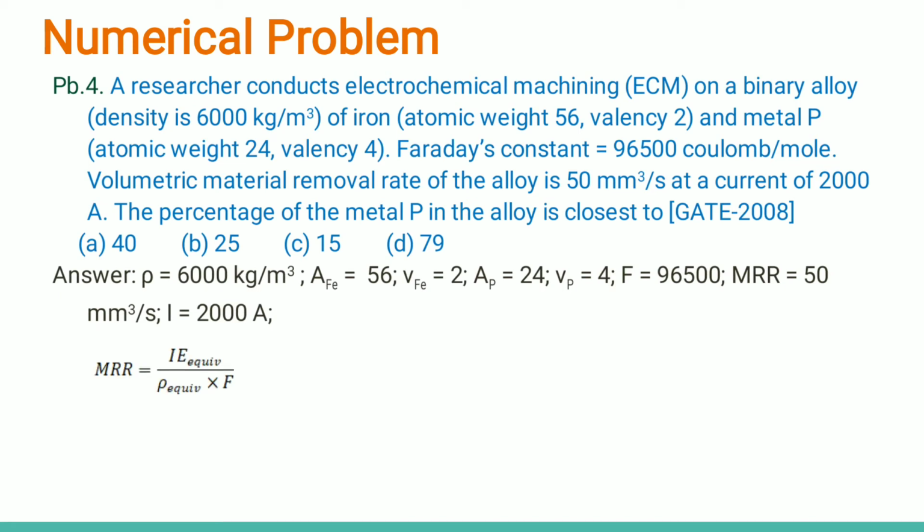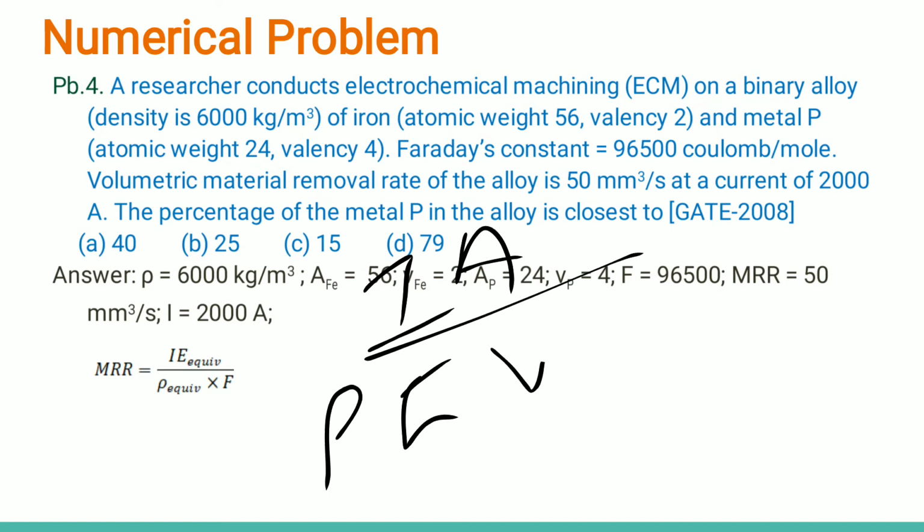Okay, so the MRR will be equal to I into E, generally what we write is MRR equals I into A upon F, sorry, I into A upon rho into F into V. Now these A and V values are different because it is an alloy, so that will be separate.